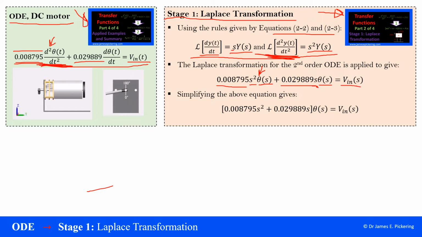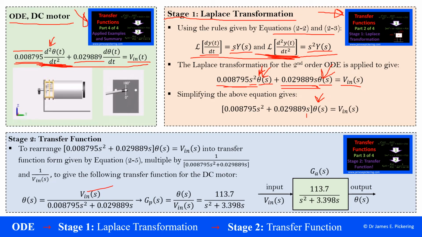I notice we've got theta of s common to both terms, so we can put that outside the brackets and put the coefficient with the s squared and the coefficient with the s inside the brackets, and that's equal to the voltage in. So that there is the Laplace transformation.